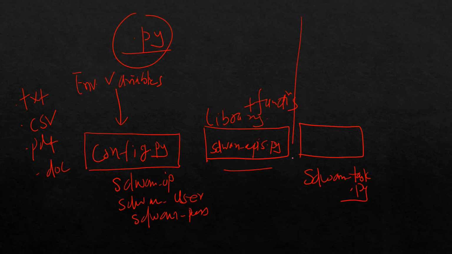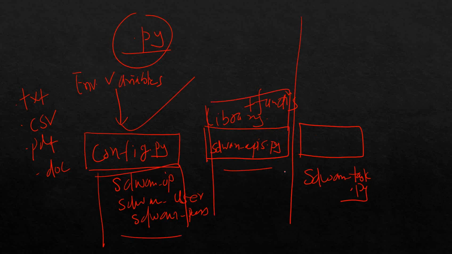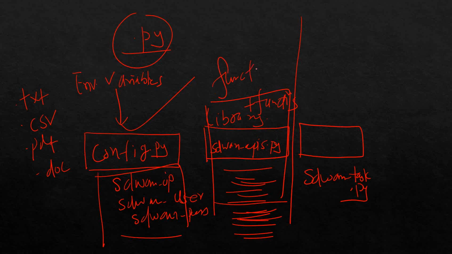The good thing here is that the config file will always be with you because you set this one time. Then the library, if you become a very good programmer, obviously you will start writing your own library, your own functions. But there is no problem, even you can copy and paste. It will work. That's just the functions. And then the task, the final thing. Now you can merge the second and third.